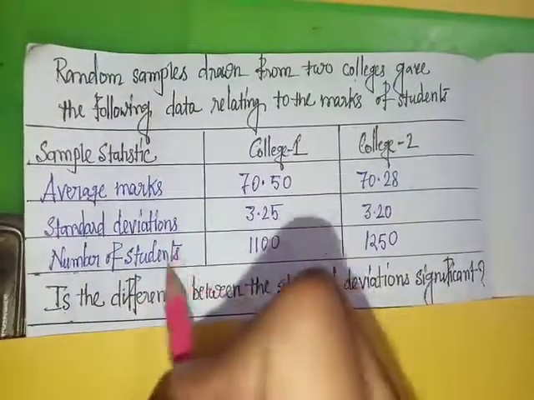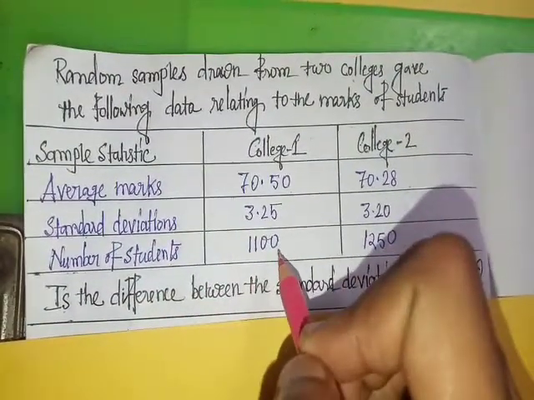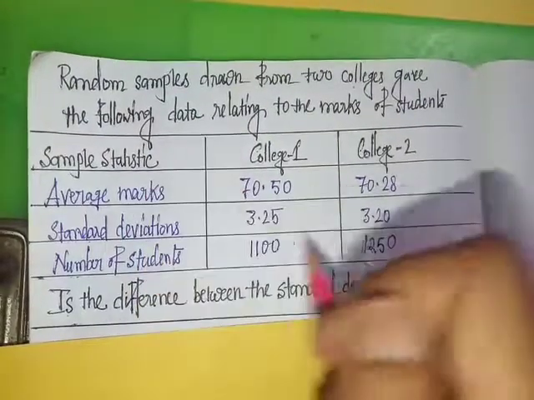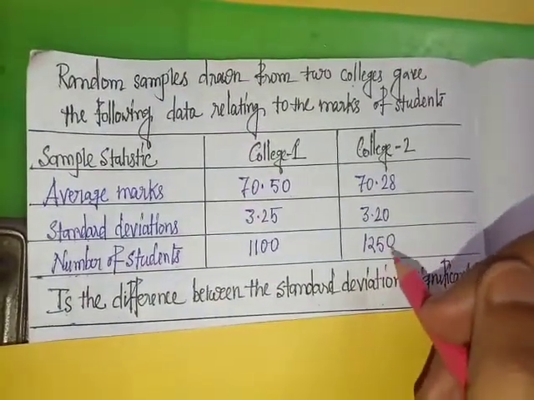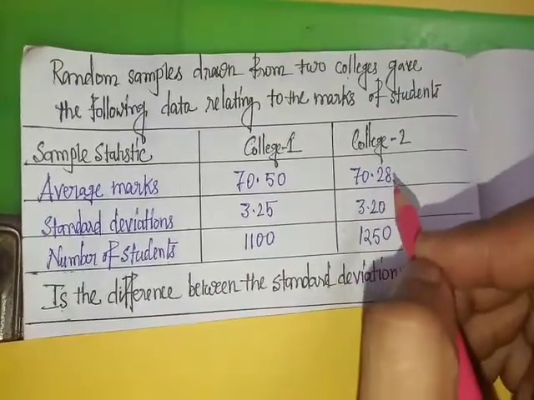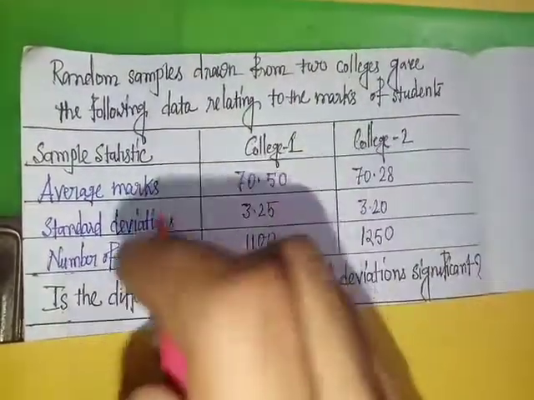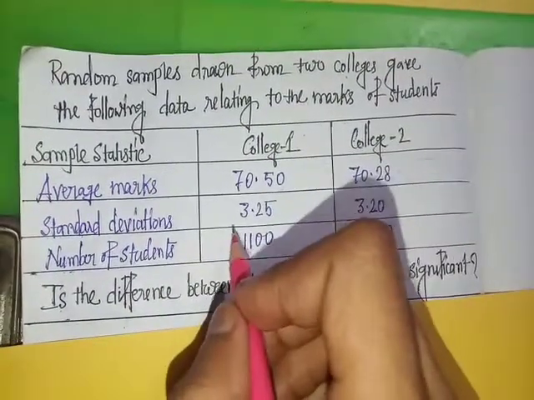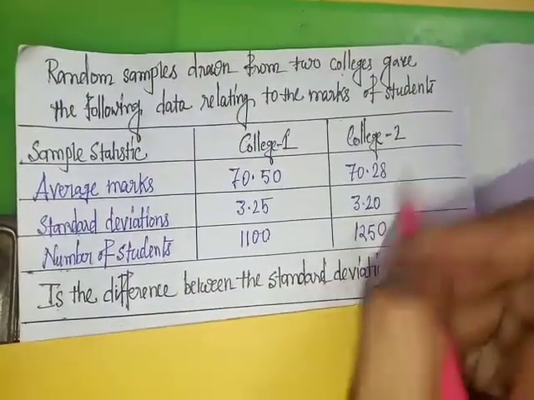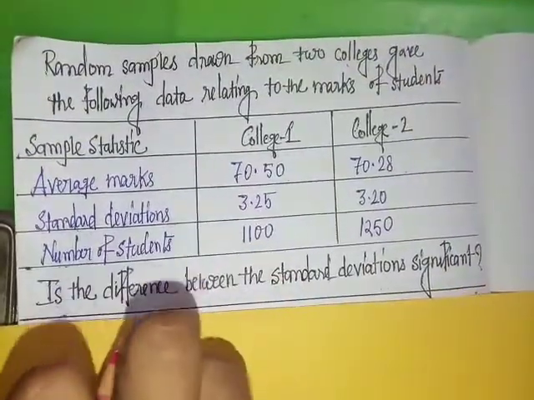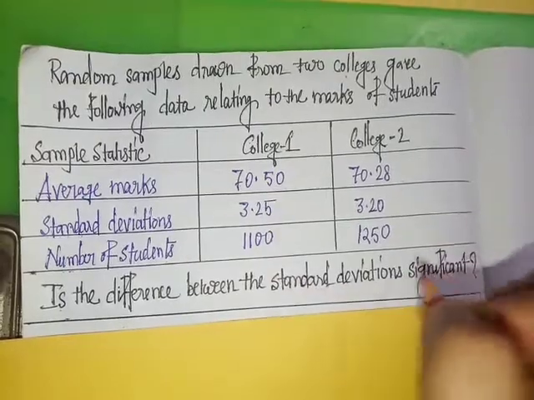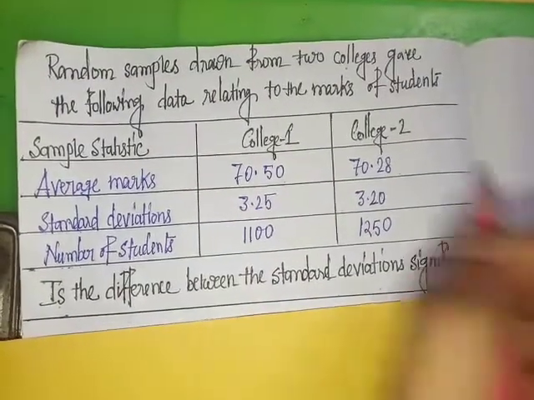Average marks of 1100 students be 70.50 and average marks of 1250 students be 70.28. Similarly, standard deviations of the students be 3.25 and 2.30 respectively. Question is: is the difference between the standard deviations significant?